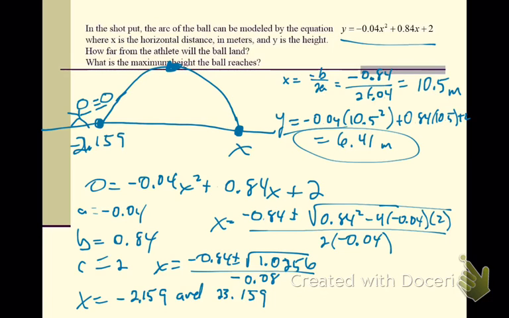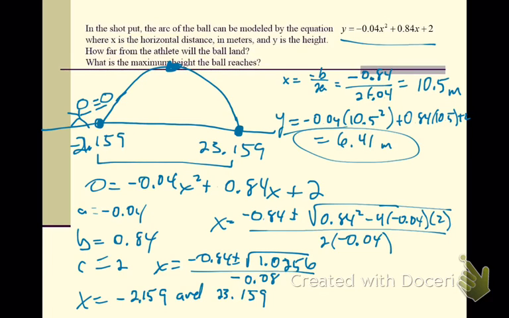And this point is 23.159, and we need to know the distance from here to here. So we just want to add those. I'm going to put that in a different color right here, and this is crazy, I know.